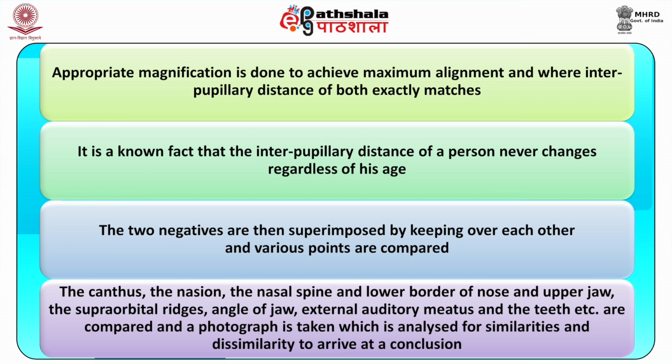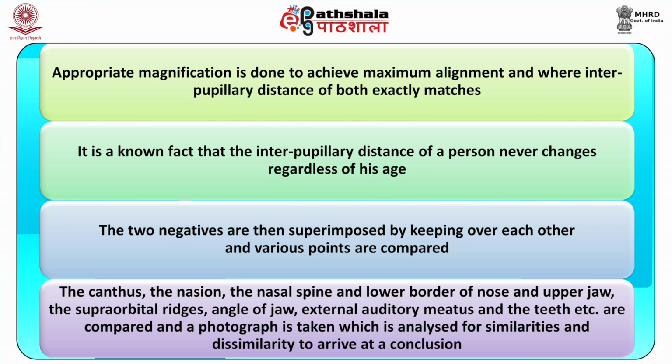Two negatives are prepared, that is one of the person and other of the skull. Appropriate magnification is done to achieve maximum alignment and where interpupillary distance of both exactly matches. It is a known fact that the interpupillary distance of a person never changes regardless of his age.